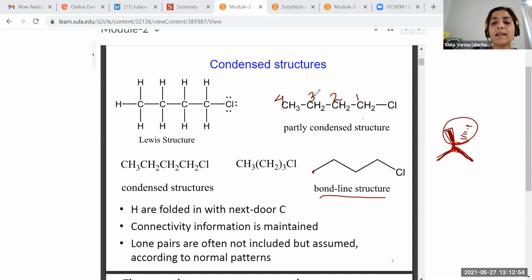In a bond line structure, each dot is considered as an atom. This dot or this atom is specifically labeled as chlorine. Remember, all non-carbon hydrogen atoms have to be labeled.